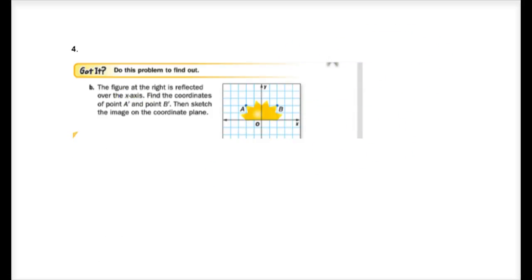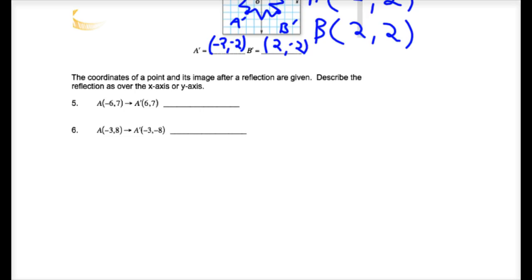All right, last thing. Now you've got to think the exact opposite. They're going to tell you how A became A prime, how it reflected. Your job is to decide, was it an x-axis or a y-axis reflection? You guys got to know your rules.